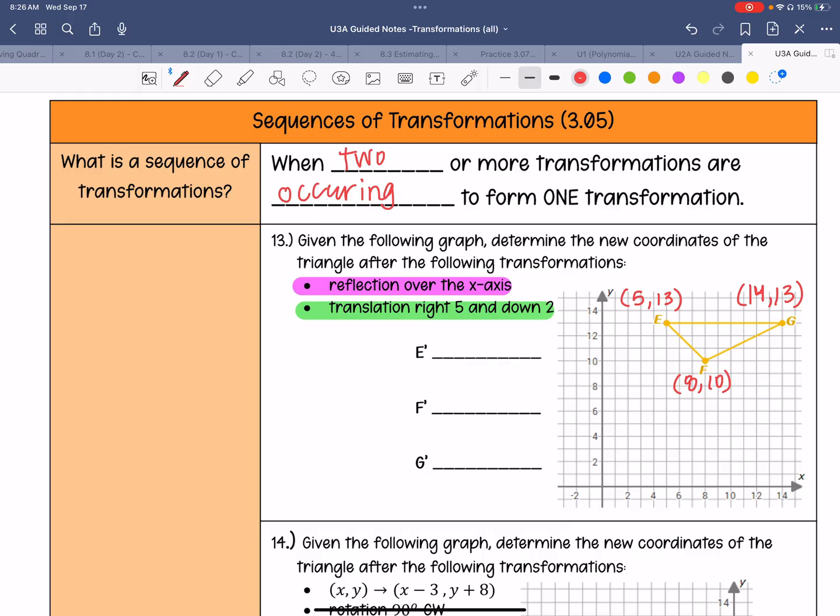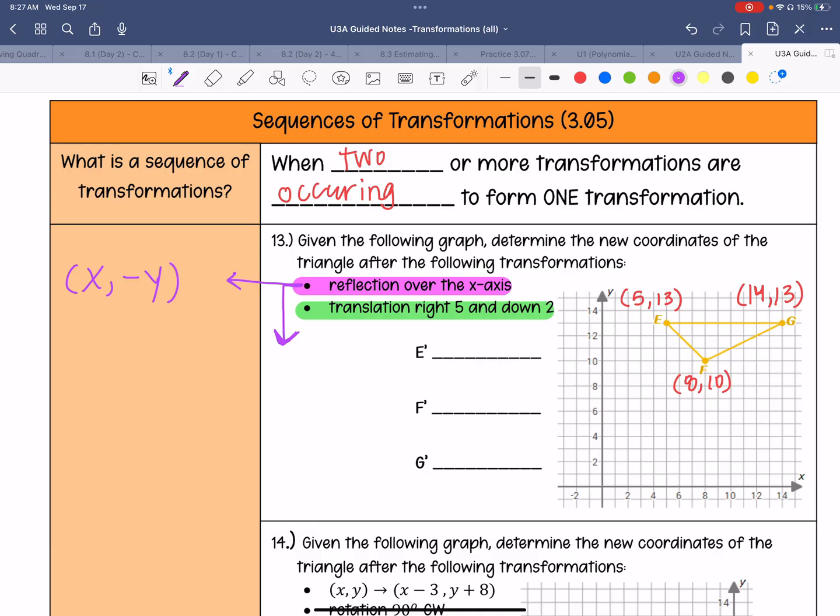So I need to take my current ordered pairs and reflect them over the x-axis. If we look at our formula sheet, our rule to reflect over the x-axis looks like this.